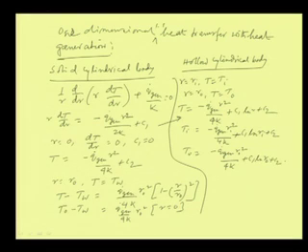Then we can find T minus T I by combination of these two equations. The C 2 will cancel with each other, and then we will get q dot gen by 4 k into r I square, 1 minus r by r I whole square, plus C 1 ln r I.